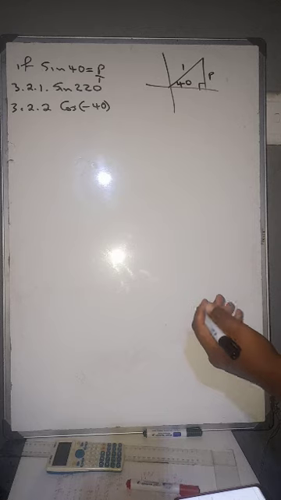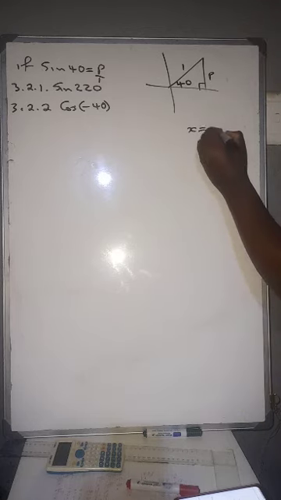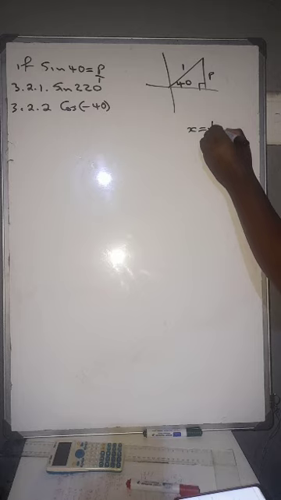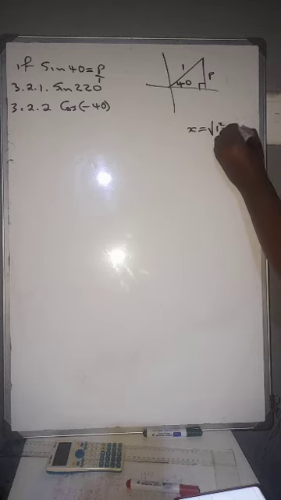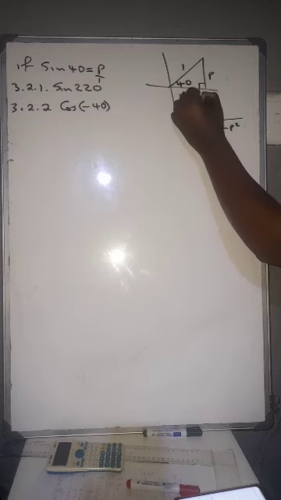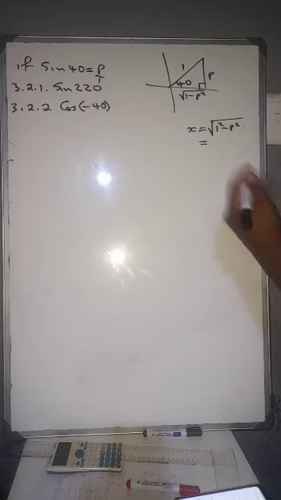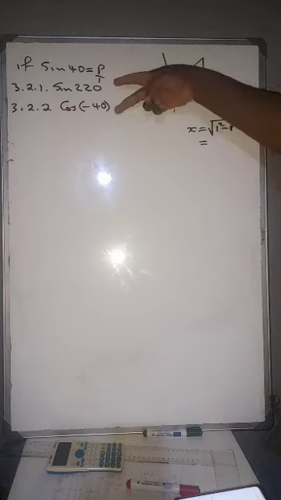And when you use Pythagoras theorem, your x here would be equal to the square root of hypotenuse squared, that is 1 squared minus opposite squared. This is equal to square root of 1 minus p squared. That is our diagram. Now let's deal with what we are given there. Sine 220, we need to reduce that one first. We find it in which quadrant?